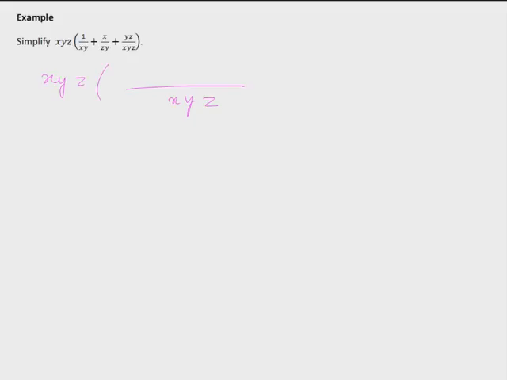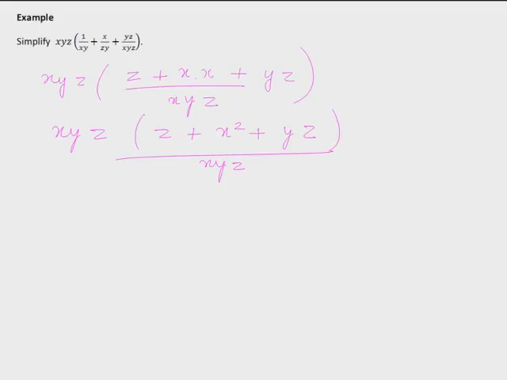1 over xy will become z over xyz. So the first term becomes z. The second term is x over zy, so it will become x into x over xyz. And the third term is yz over xyz, which just stays yz. So it becomes xyz into (z plus x squared plus yz) over xyz.